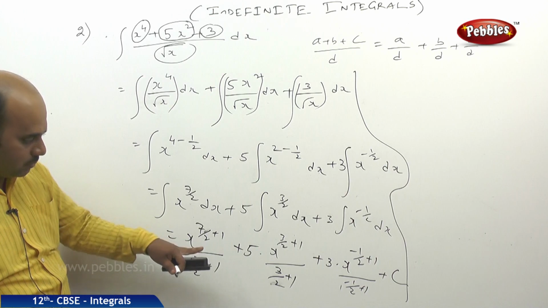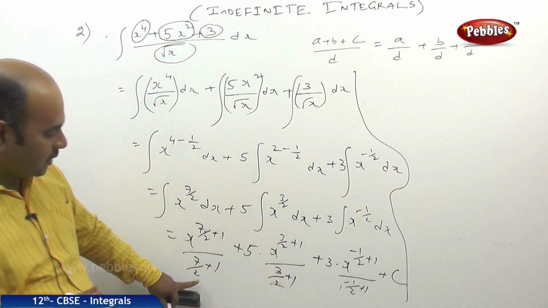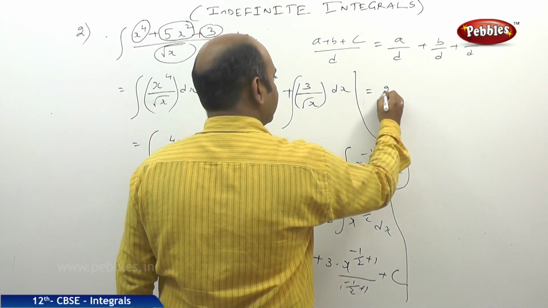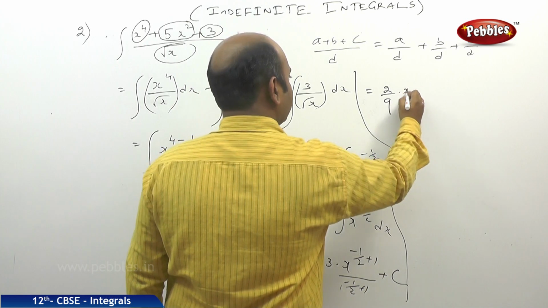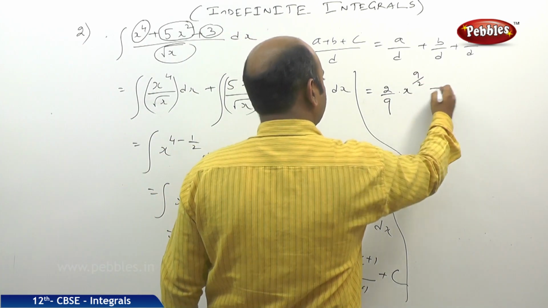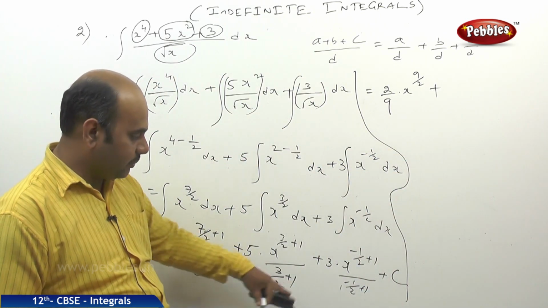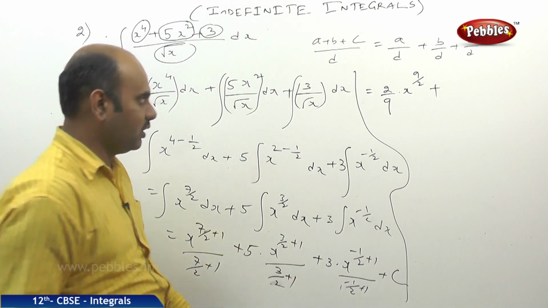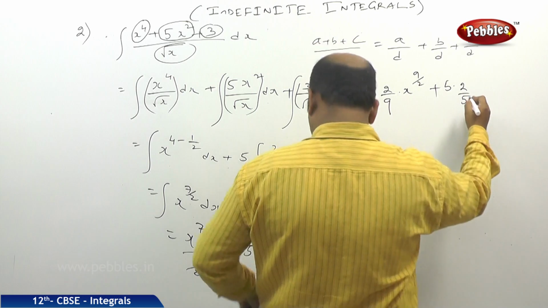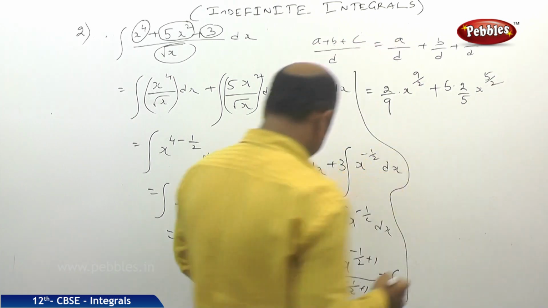x^(7/2 + 1): 7/2 plus 1 is 9/2, and the denominator is also 9/2, going up means 2 by 9. So what happens? 2/9 x^(9/2) plus, again, here 5 is there and 3/2 plus 1 is 5/2. So 5 into 2/5, and here x^(5/2).